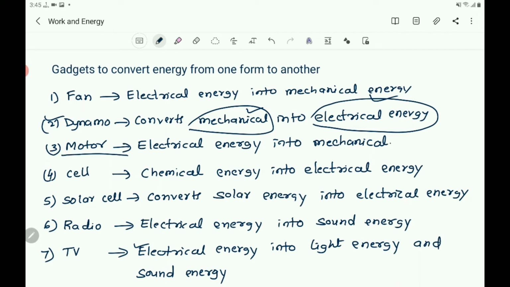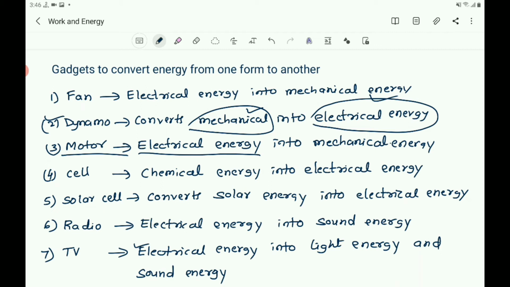Similarly, motor converts electrical energy into mechanical energy. That electrical energy is equal to mechanical energy, and there is no change in the energy. Here, energy remains the same before the conversion and after the conversion. The quantity of energy remains the same.